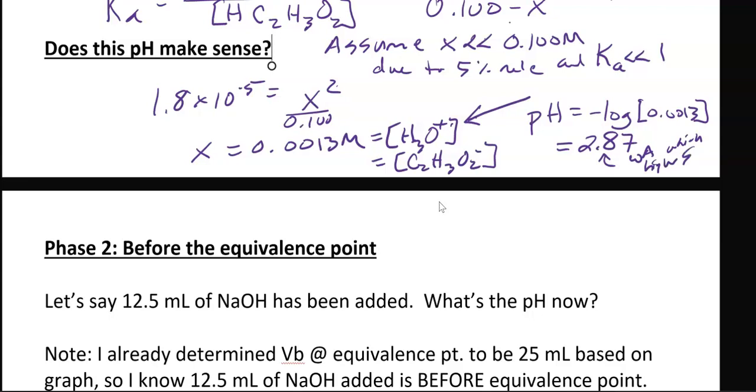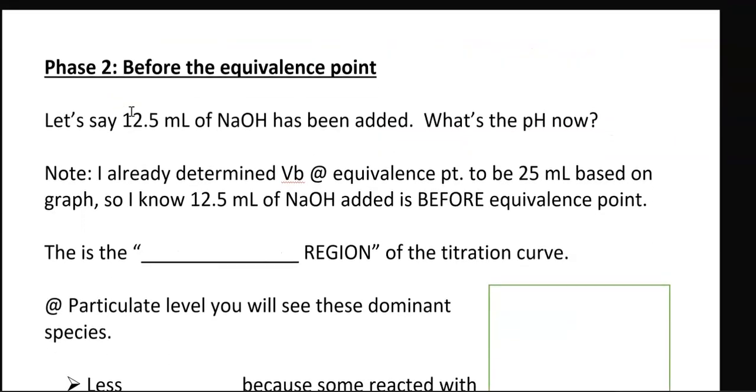So notice how I'm putting a little caveat on here, assuming that you have a strong acid with the same or a very similar molarity. Very good. So that is phase 1. Let's go to phase 2.